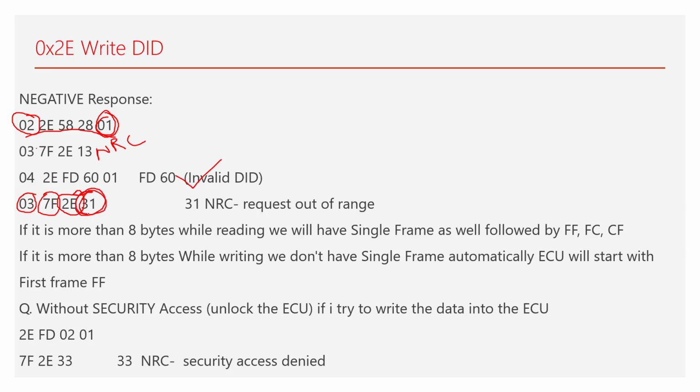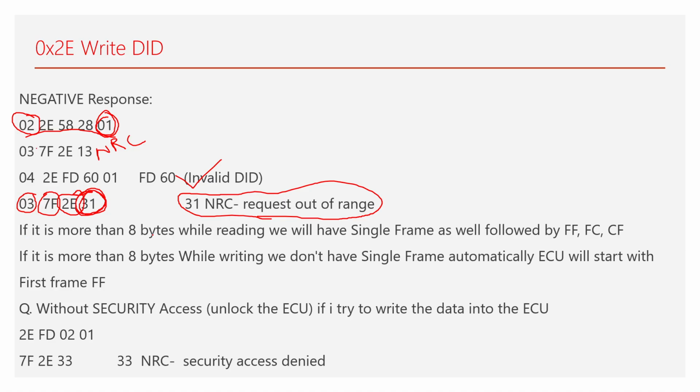See here, this 31 NRC is request out of range. It means if you give the data out of the range or your DID is not presented in that code, we will get 31 NRC, request out of range. This is the NRC we will get.